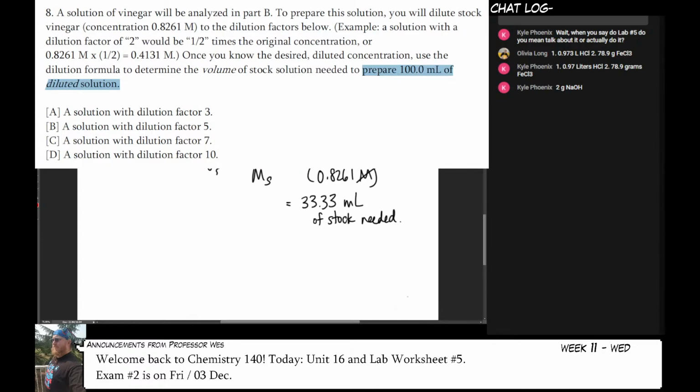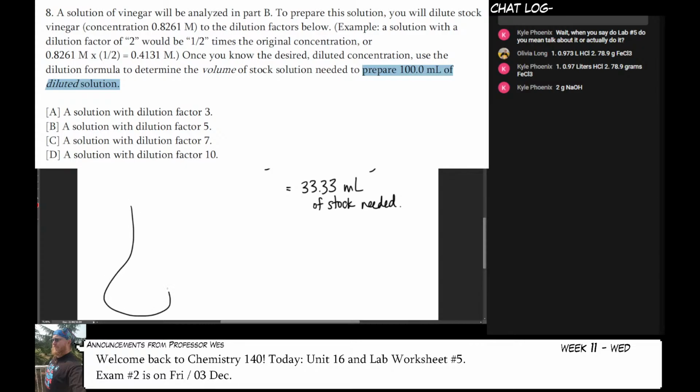And then finally, we prepare the solution. So here's my flask. I'm going to add 33.33 milliliters of the concentrated vinegar, there we go.